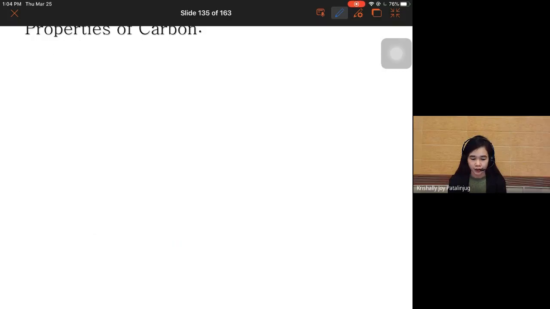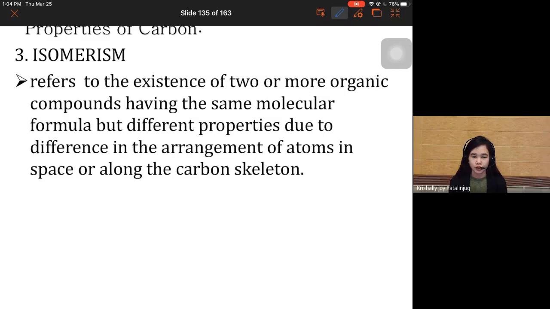Now, yung bago sa inyo is the third one. The third important property of carbon is isomerism. Isomerism is a phenomenon, the existence of two or more compounds having the same formula.